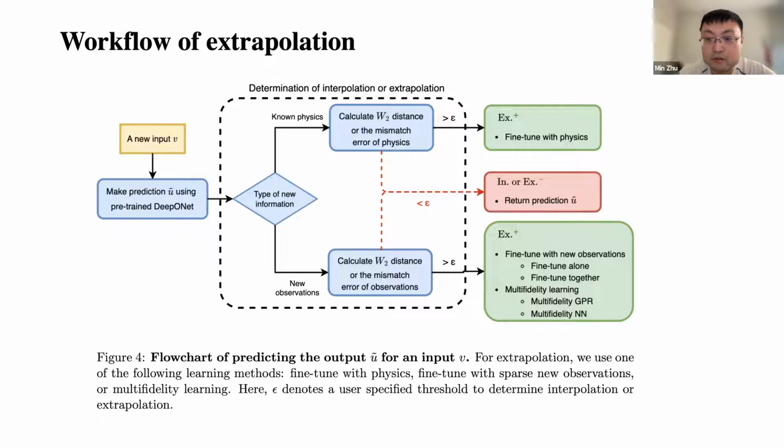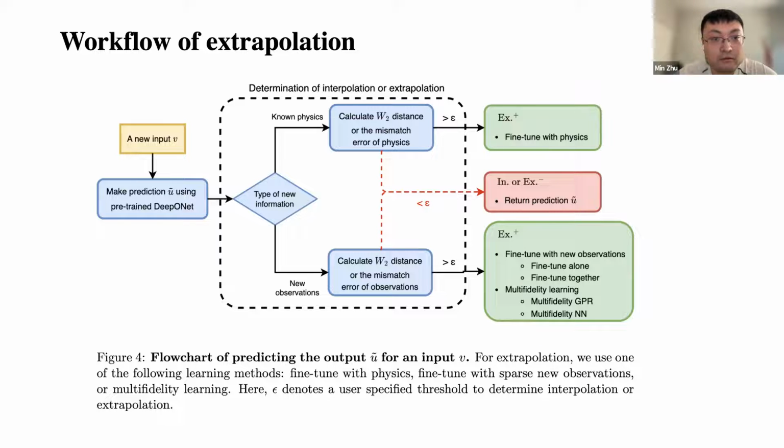Otherwise, it needs extrapolation via the proposed methods. On the one hand, if we know the physics, we could calculate the W2 distance or the mismatch error of the physics, and if it is larger than the threshold, we could use the fine-tune with physics method. I will introduce this later.